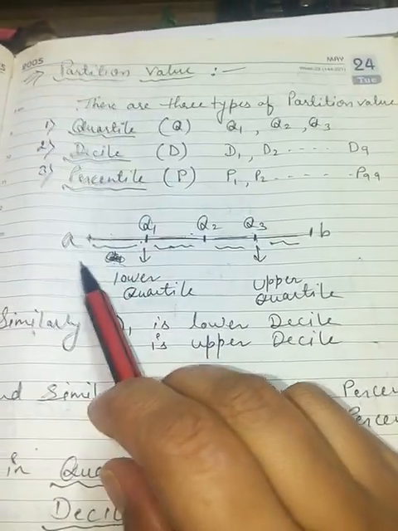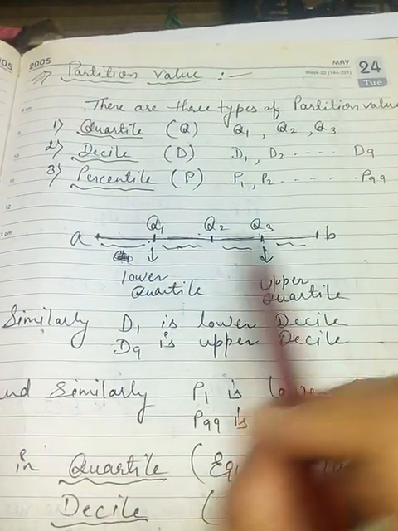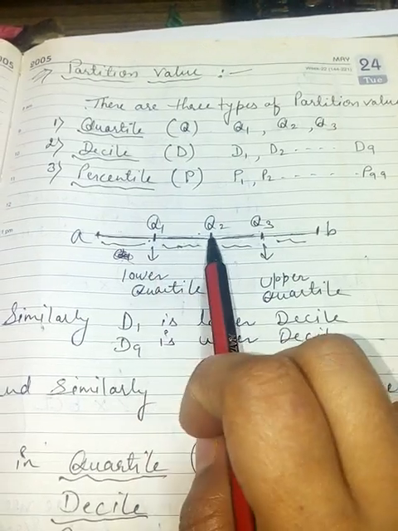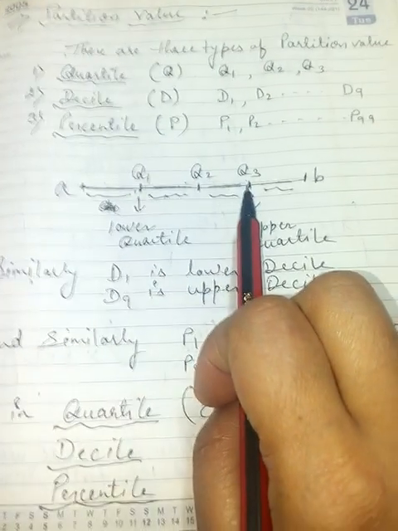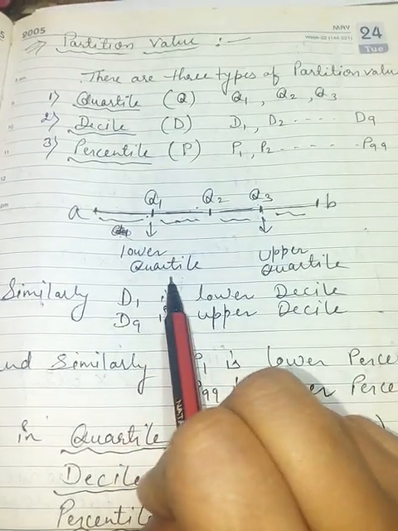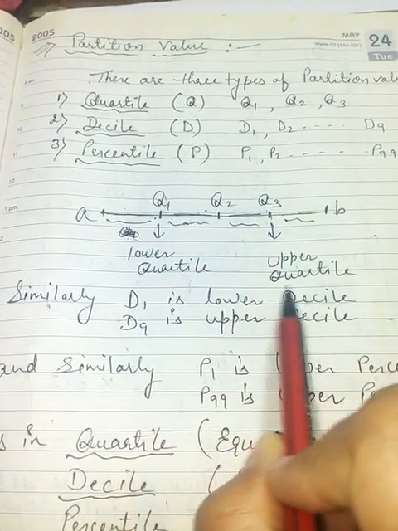If we divide the data into 4 equal parts and calculate the quartile values, the first quartile is Q1, second is Q2 and third is Q3. The first quartile is called the lower quartile and the third quartile is called the upper quartile.